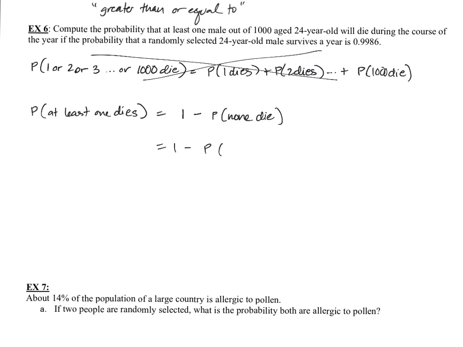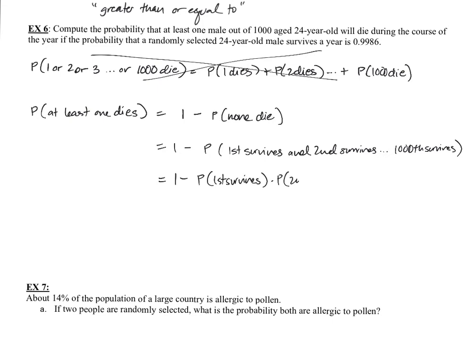So minus the probability first survives, and second survives, all the way up to 1,000th survives, which we can write out as 1 minus the probability of the first surviving times the probability the second survives, and on until we get to the last one, the probability that the 1,000th survives.